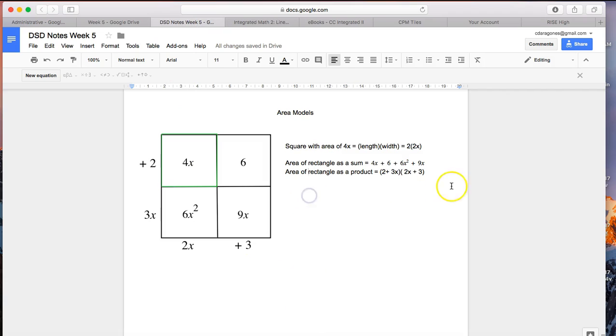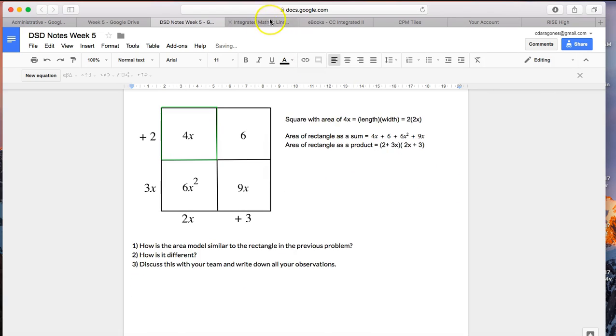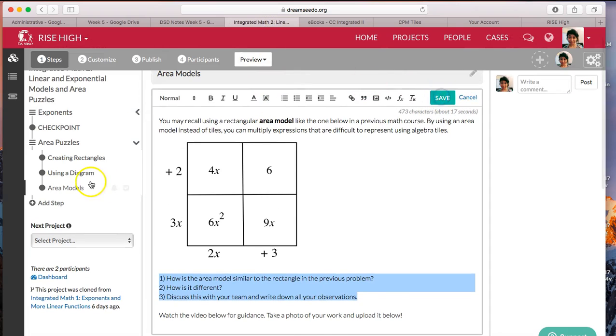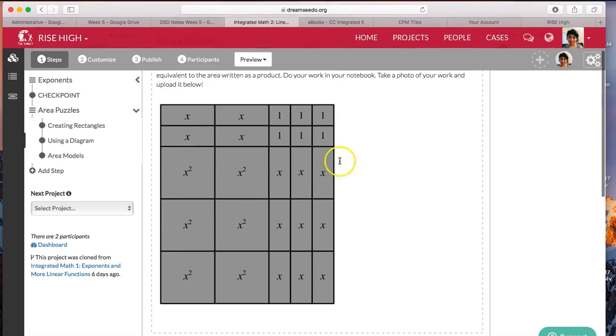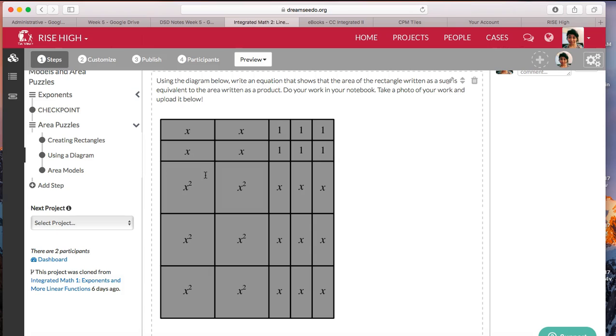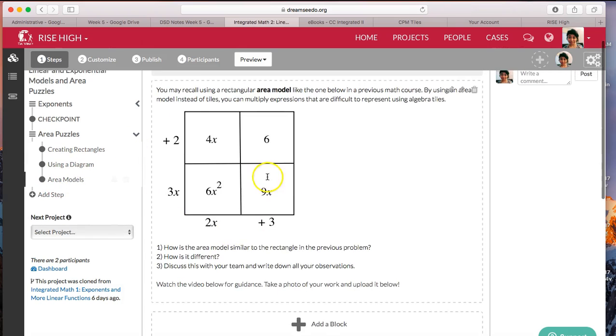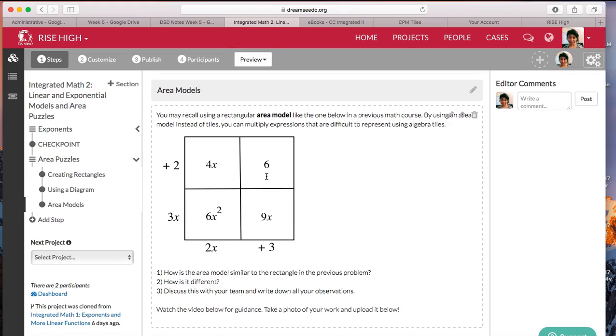So in your notebook, you're going to go ahead and answer these 3 questions, comparing to your previous rectangle. Remember, we used this diagram in the previous step of this really big rectangle that you wrote an area for. So you're going to compare this and your current example of an area model.